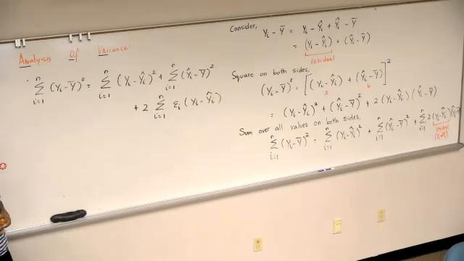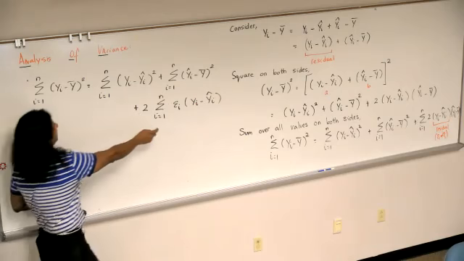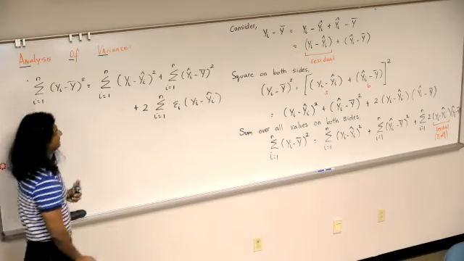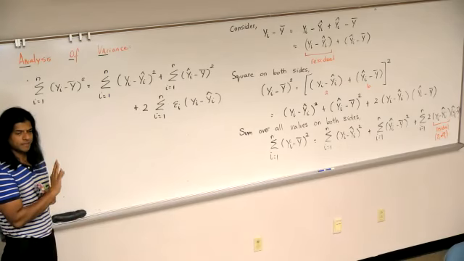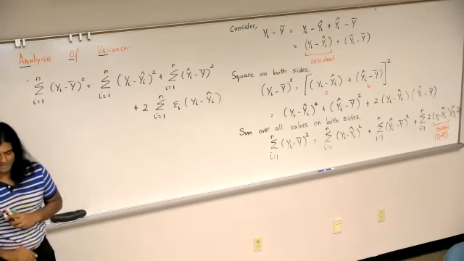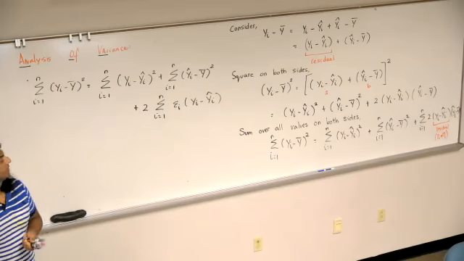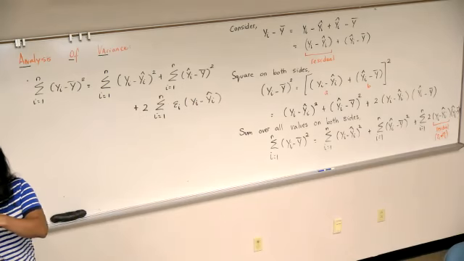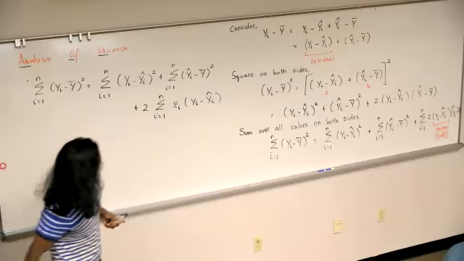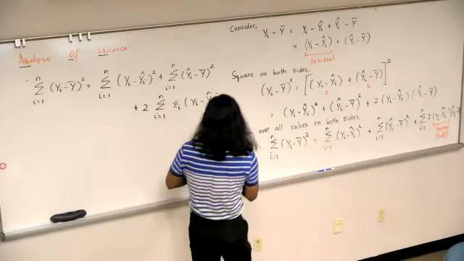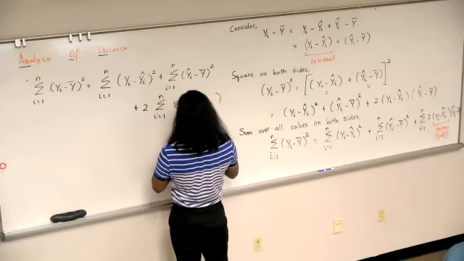Good. That part, I can distribute the epsilon I. Agreed. Yes, distributed through twice. Thank you. It's yi hat minus yi.